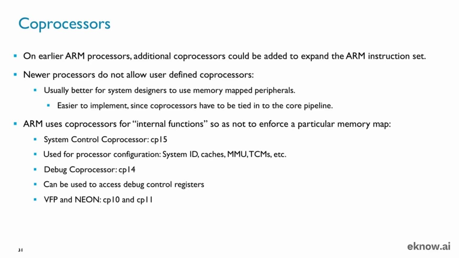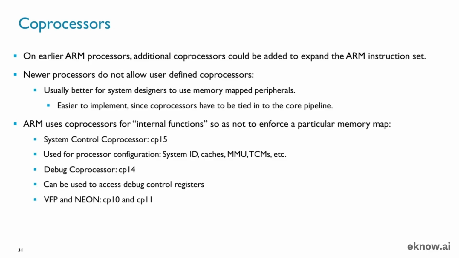Next is the Debug Coprocessor, CP14. As its name implies, this is used for debugging. It provides access to special registers that allow developers to monitor and control the processor's execution, which is essential for finding and fixing bugs in software. Finally, there are CP10 and CP11, which are used for VFP, vector floating point, and NEON.